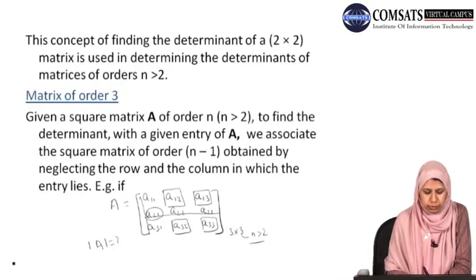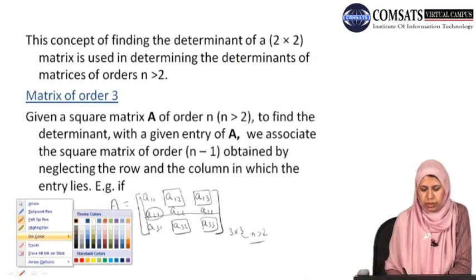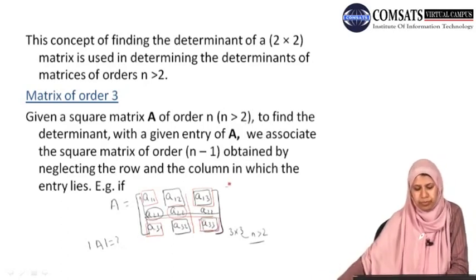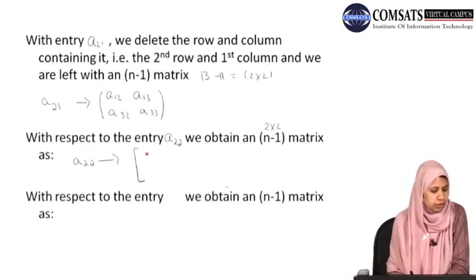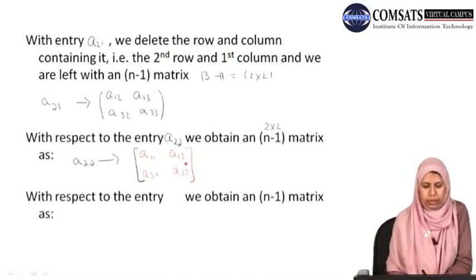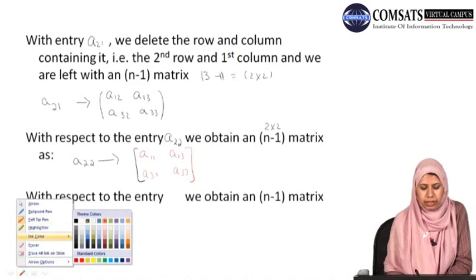With respect to A22, we have to neglect the row containing the entry, that is the second row, and the column containing the entry, and we are left with a submatrix of order 2 by 2 having entries A11, A13, A31 and A33.